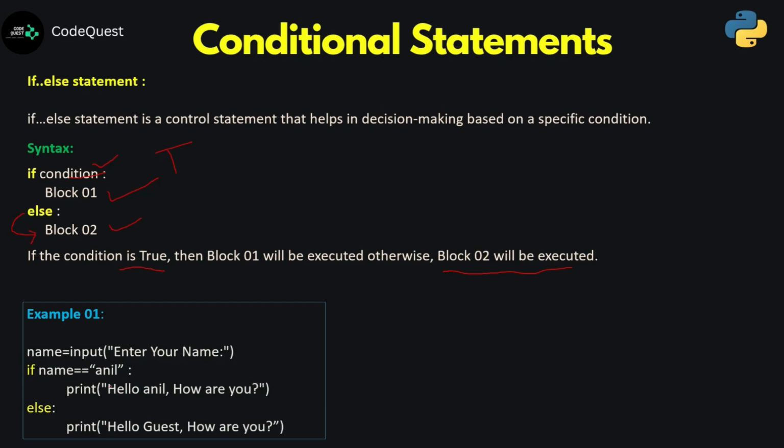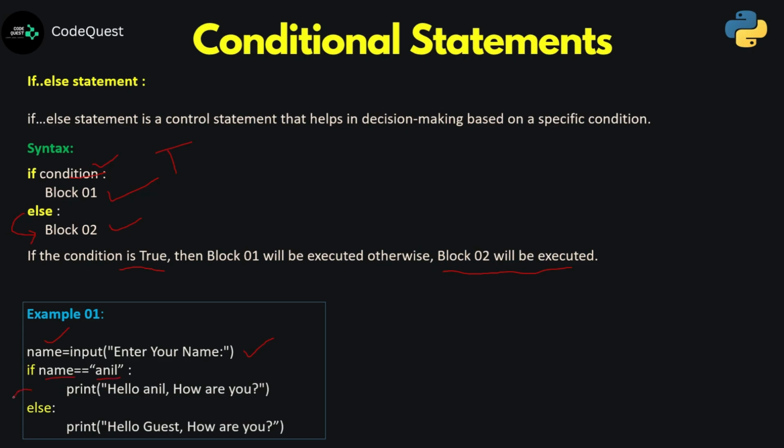Now look into this program once again, the revised one, where we are trying to accept a name for this variable name. And then I'm checking if name is equal to Anil, then I'm writing, hello Anil, how are you? If I give the value of this name something apart from Anil, then this condition will fail.